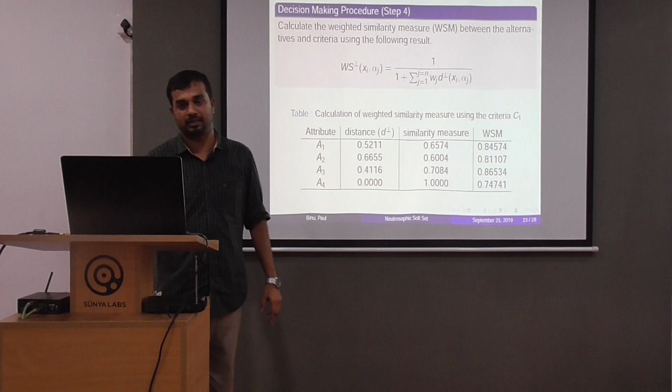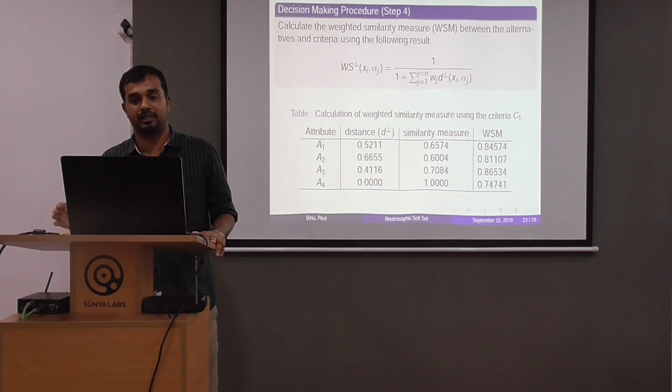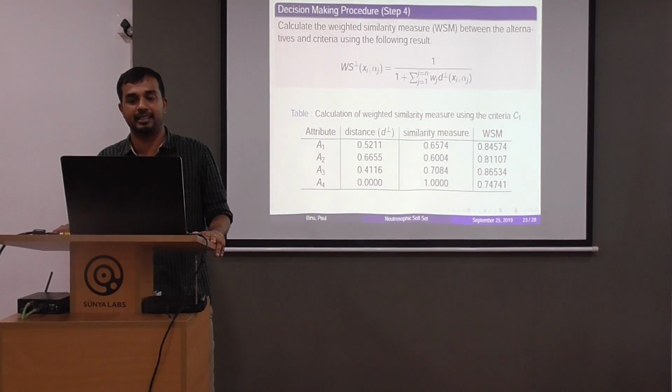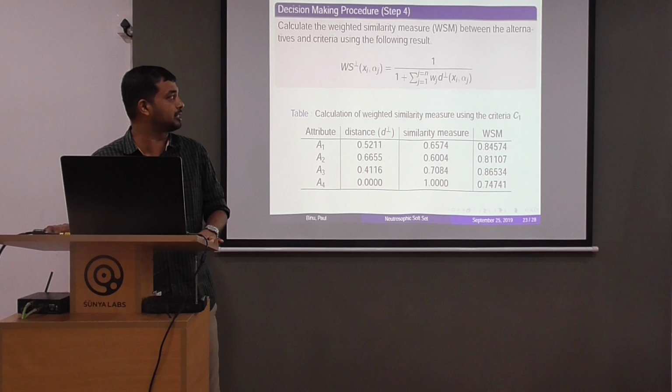Next, decision making procedure in step 4, that is, calculate the weighted similarity measure between the alternatives and criteria using the following result. Ws perp of xi comma alpha j equal to 1 by 1 plus summation j equal to 1 to n wj d perp of xi alpha j.